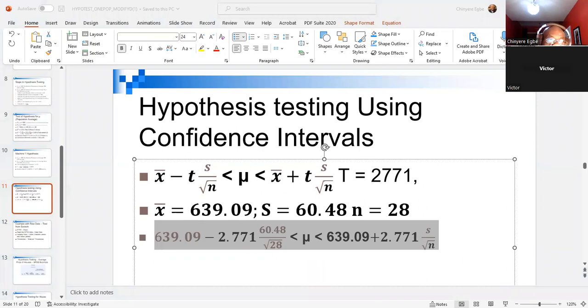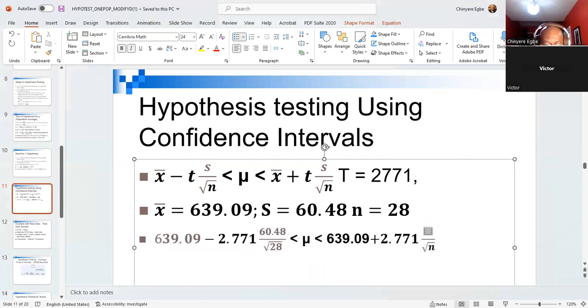Okay. And here our S is 60.48 by the square root of 28. Right?